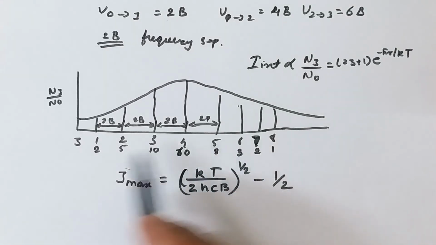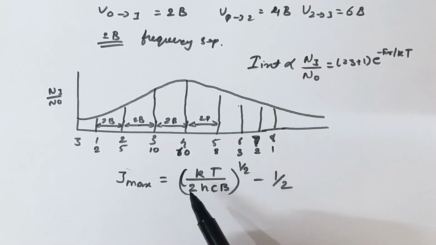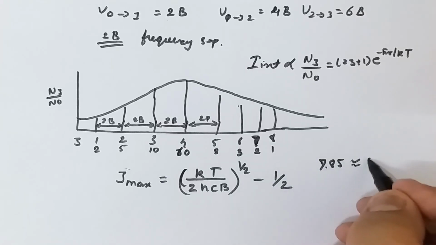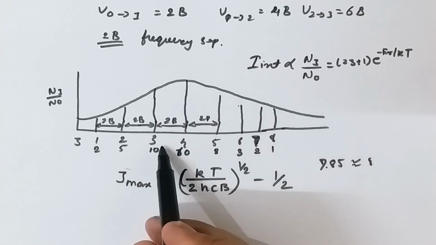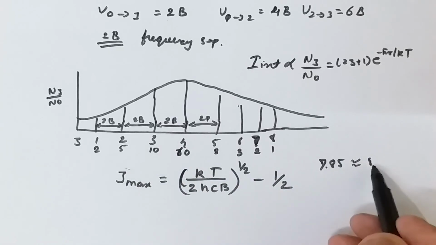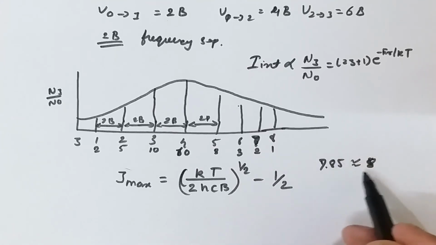So with this representation we can calculate J max, and J max should be rounded to the nearest integral value. Suppose we are getting 7.85, then J max should be taken as 8, because we have whole numbers and not fractions, so for 7.85 we should round it off to the nearest whole number.